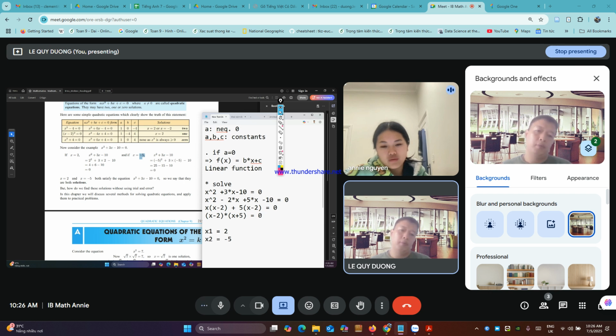Then you can see that this is the two conditions, x minus 2 equals 0 or x plus 5 equals 0. So x1 equal to 2 and x2 equal to minus 5. That's the thing. We can really do this without knowledge of quadratic equations. You see that?